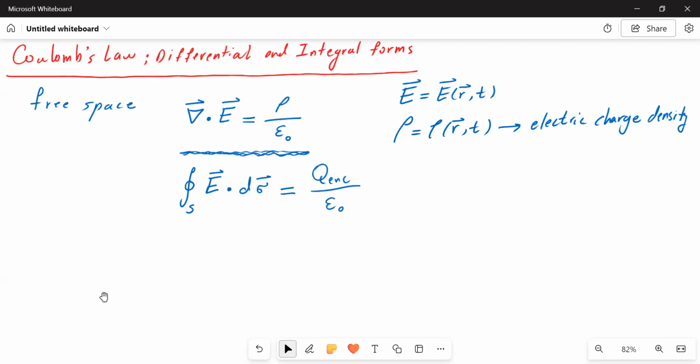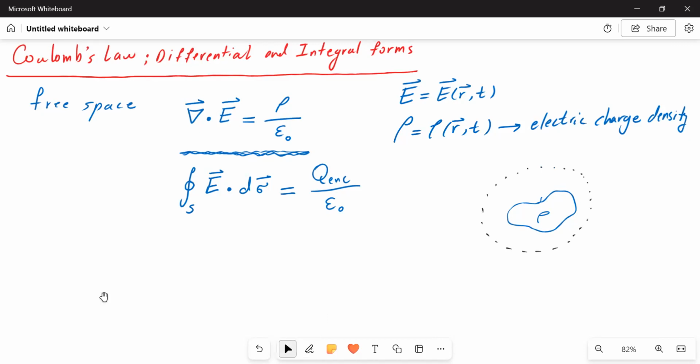So let's say I have, in a region of space, some charge distribution. It can have any form. And I want to understand how the electric field behaves from this charge distribution. All I need to do is to consider an imaginary closed surface.